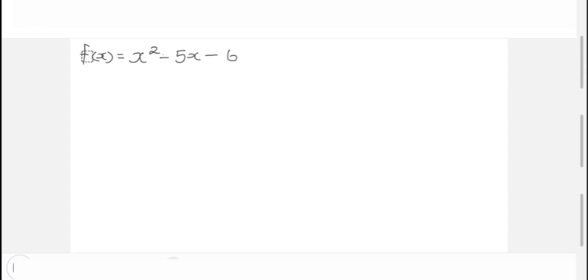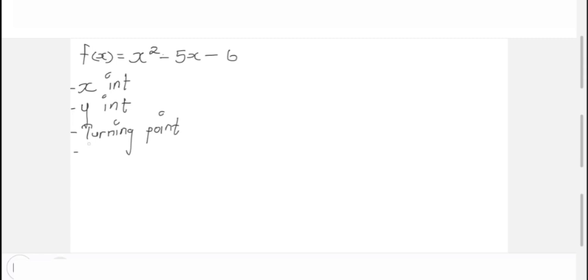We know that the parabolic function has an x-intercept. I'm just going to write x-int right there. We also know that the parabolic function has a y-intercept, and that it has a turning point. Don't mind my handwriting right there.